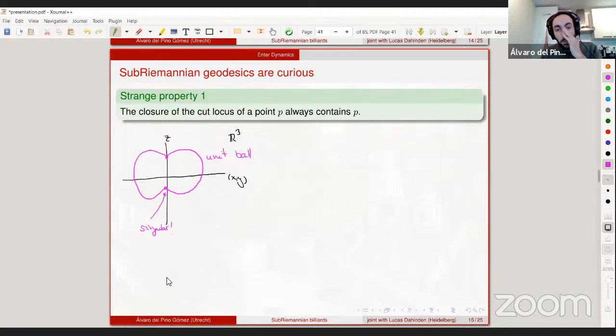This means that the unit ball is not smooth. In fact, I learned this from Marcello, from a talk he gave. It turns out that in general, it's not even known if the unit ball is as smooth as a topological ball in a general subriemannian manifold. So that's kind of funky, honestly. The unit ball can be super strange.